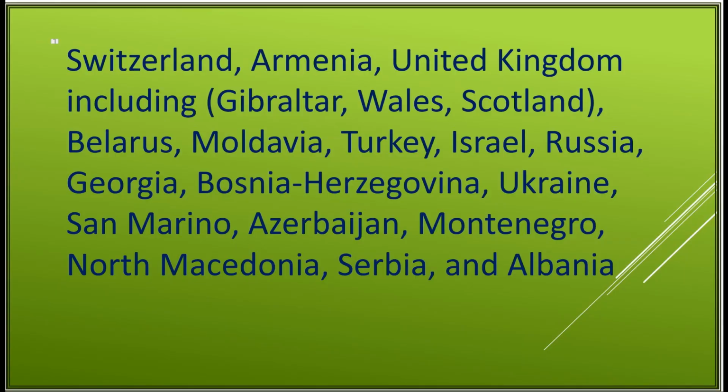Next, Bosman B. The majority of Bosman B passports are from Eastern Europe and the Balkan countries, which are not part of the EU, like Switzerland, Armenia, United Kingdom, including Gibraltar, Wales and Scotland, Belarus, Moldavia, Turkey, Israel, Russia, Georgia, Bosnia-Herzegovina, Ukraine, San Marino, Azerbaijan, Montenegro, North Macedonia, Serbia and Albania.